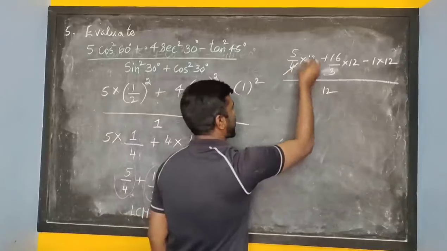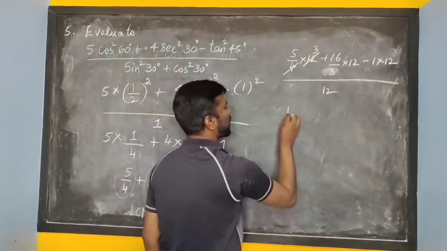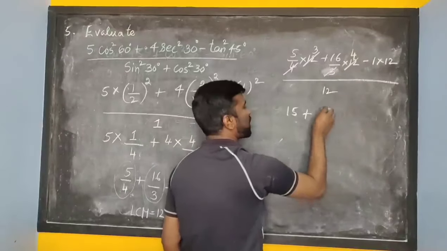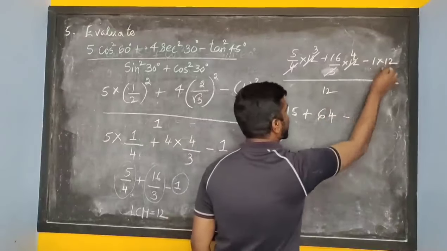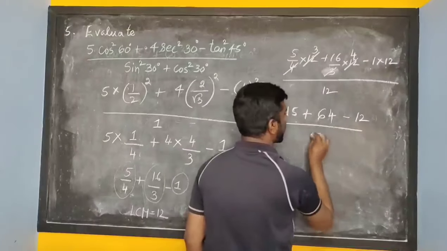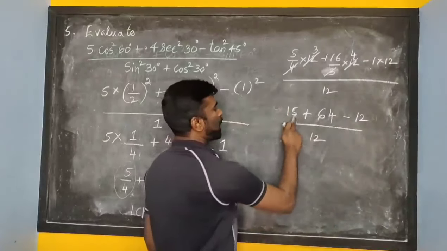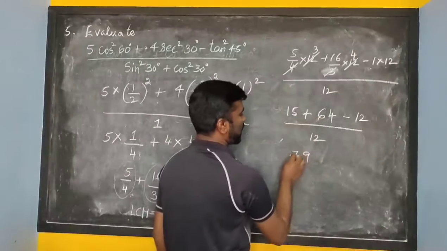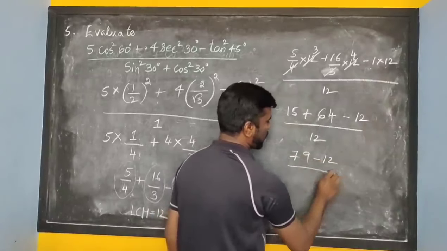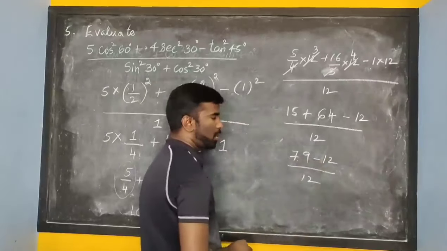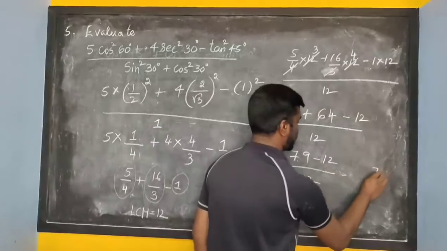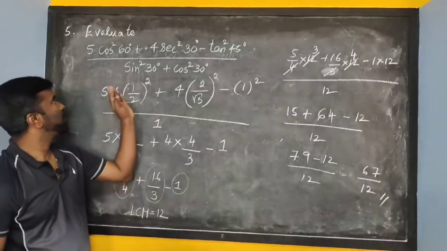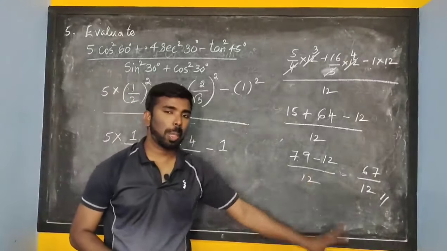Now 4 ones are 4, 3s are, we get 5 3s are 15 plus 3 ones are 3, 4 16, 4s are 64 minus 1 into 12 is 12 whole divided by 12. Now 15 plus 64 we get 79 minus 12 by 12. What is 79 minus 12? 67 by 12. Therefore, the value of this is 67 by 12.